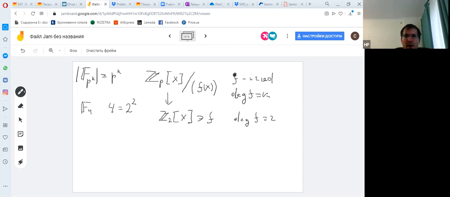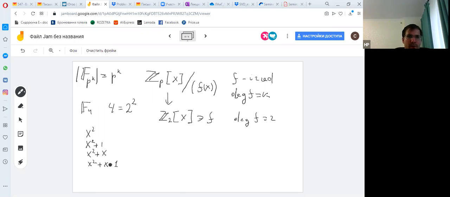To find an irreducible f, we want all the polynomials with degree 2. There are 4 of them: x squared, x squared plus 1, x squared plus x, and x squared plus x plus 1.